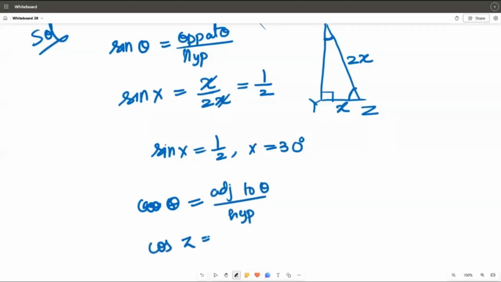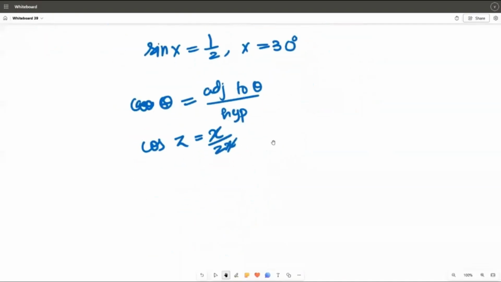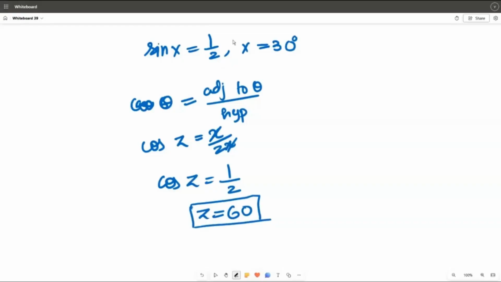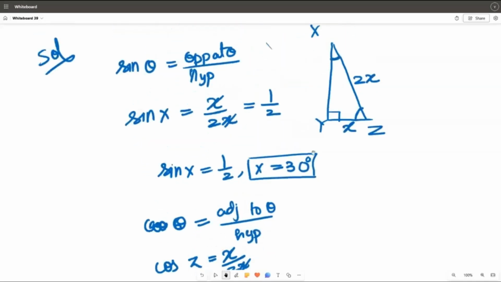In this case, cos Z is equal to the adjacent side, which is x, by the hypotenuse, which is 2x. x and x get cancelled, and we get cos Z is equal to 1 by 2. Then Z is equal to 60 degrees. So we found the values of angle X and angle Z. Angle X is 30 degrees because sin x equals 1 by 2, and angle Z is 60 degrees because cos Z equals 1 by 2.